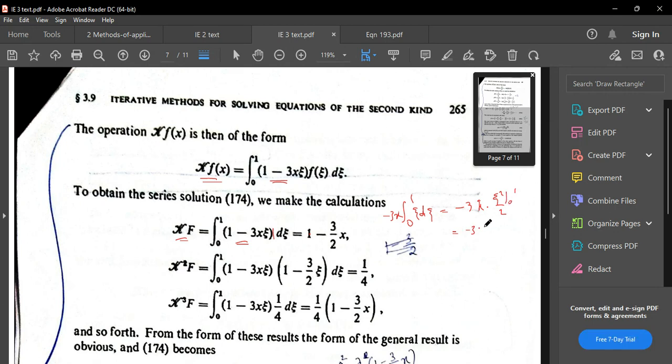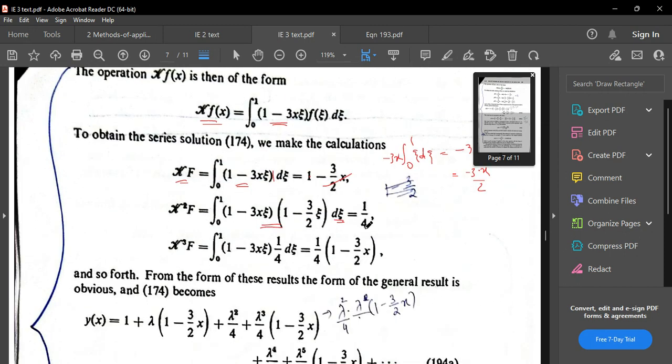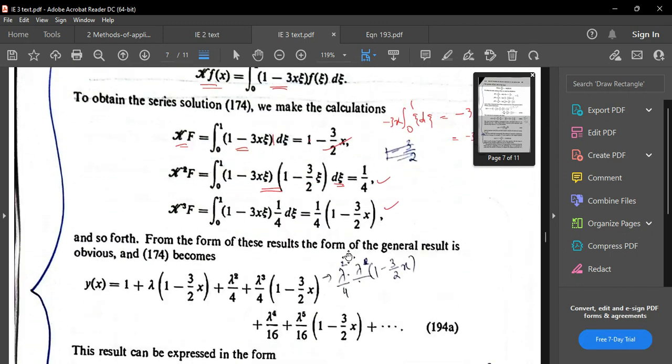So minus 3x by 2, that is 3 by 2 minus 3 by 2 x. Likewise, by expanding these two factors, we can calculate the integral. X and constants can be taken outside, then integration only with respect to the variable psi. 1 by 4 we will get.